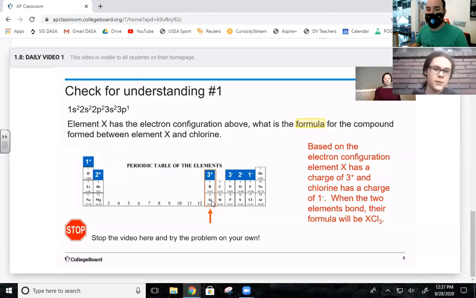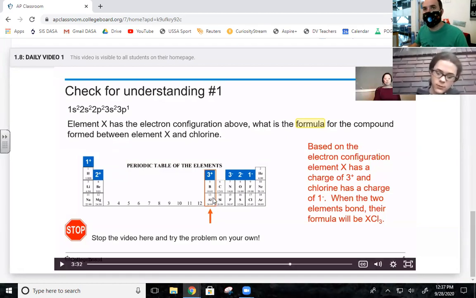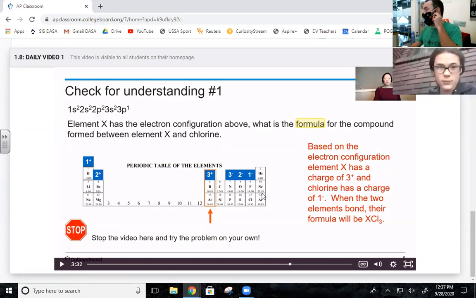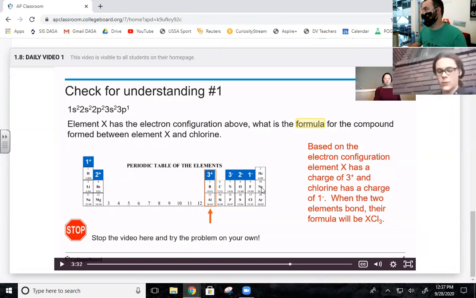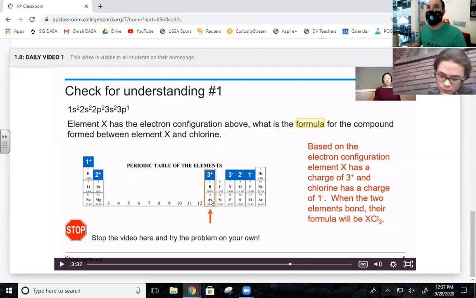That's what I was thinking. So this is giving up 3, trying to get 2. So remember that all ionic compounds are always trying to be like the noble gases, right? So aluminum tries to be a noble gas by going left, and chlorine tries to be a noble gas by going right.